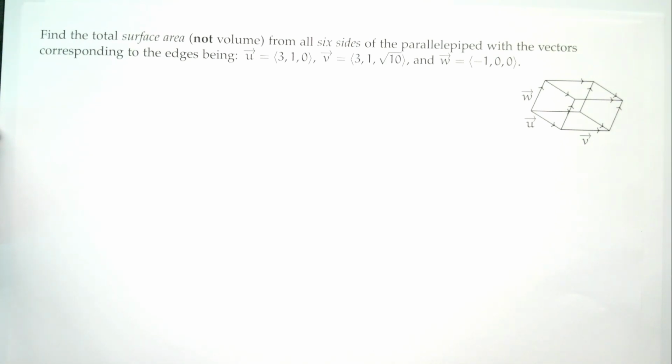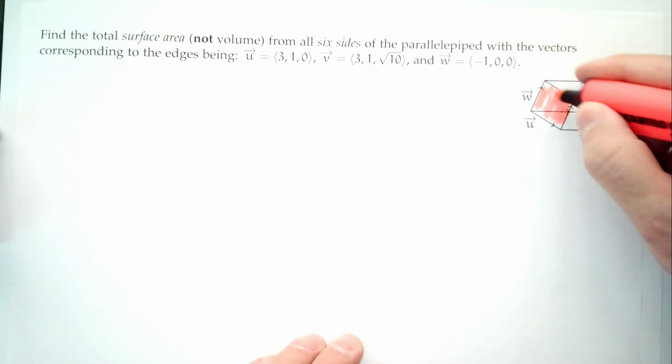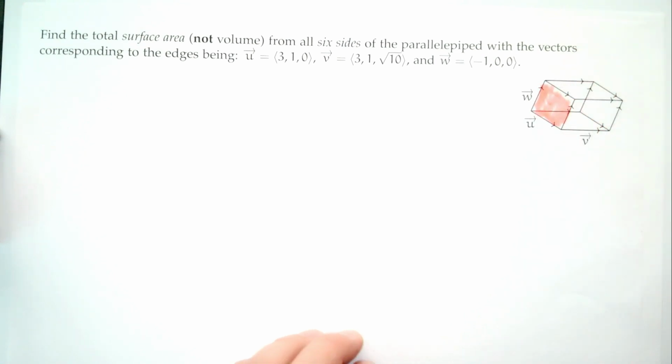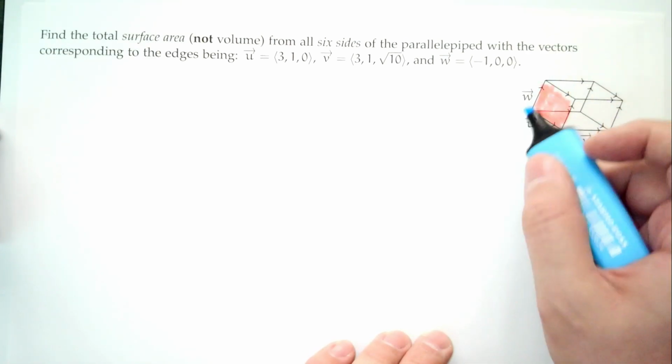Now, the way you should think about this problem is you should say, well, what do the sides of a parallelepiped look like? Well, 2 of them look like what's over here on that side. What shape is it? Parallelogram. Because the sides opposite each other are parallel.